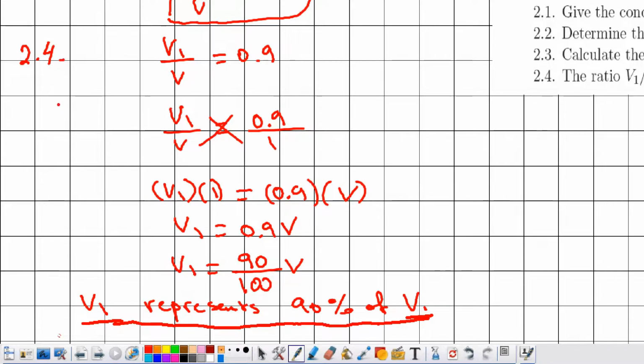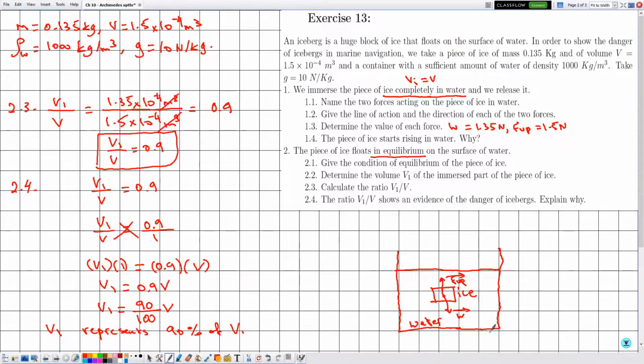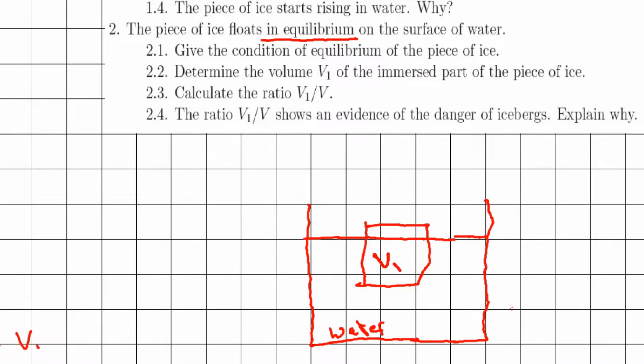So suppose that this is, okay, now let's consider when the piece of ice is floating on the surface of this water. So this is V1 and this is V, the total volume V. And this is the volume of the emergent part.